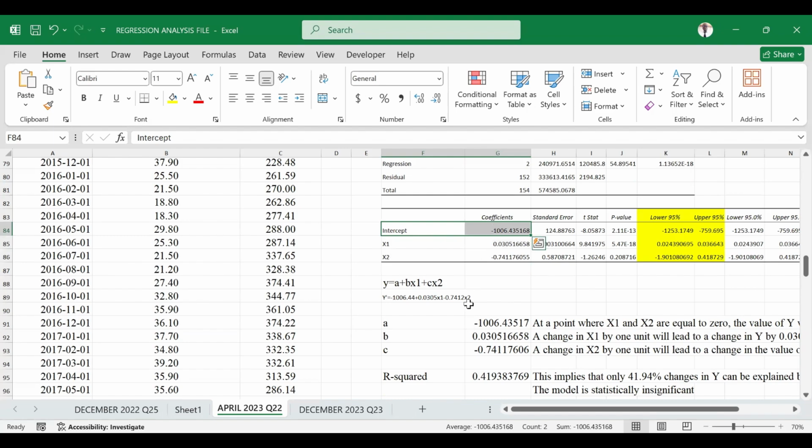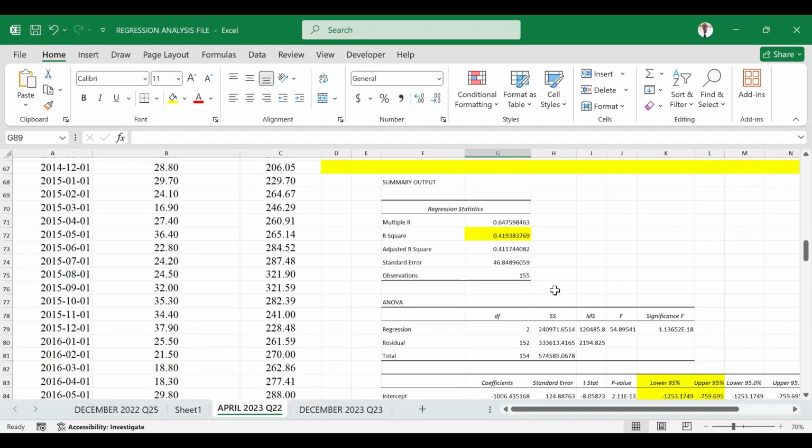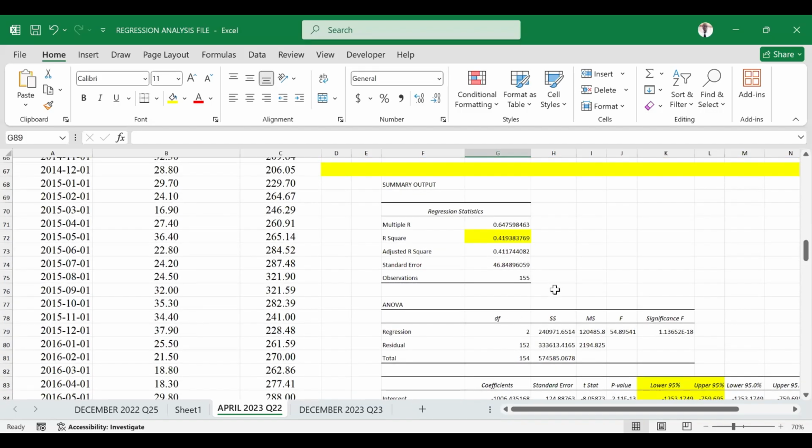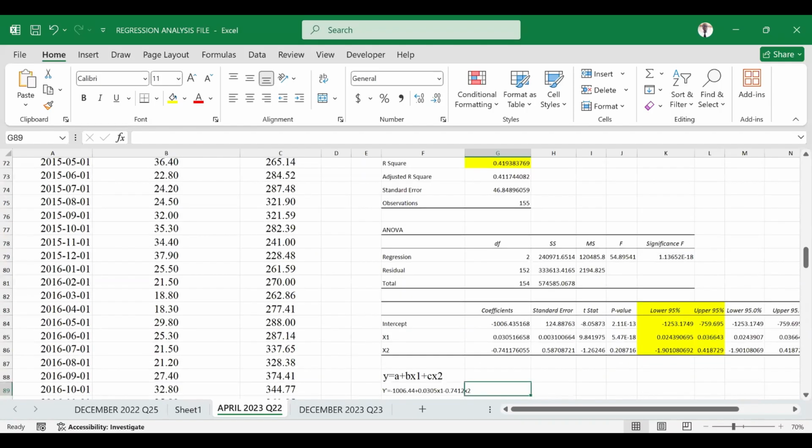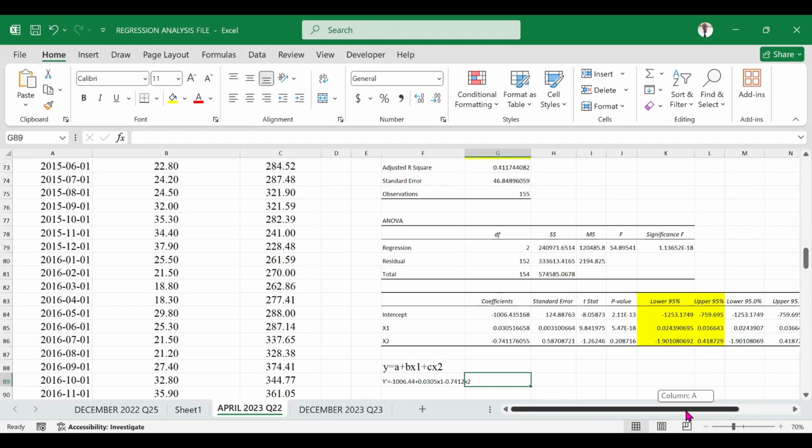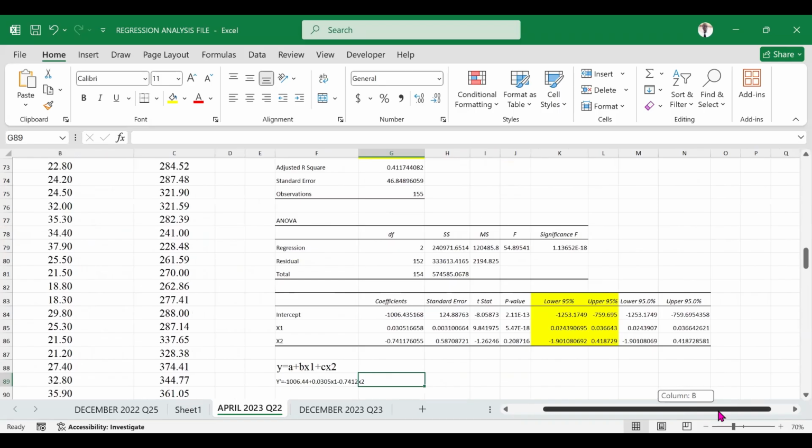So once you understand this output window, you know where to pinpoint your R squared, you're home and dry. And also, you know how to play around with the confidence levels. Like I mentioned to you, the confidence level by default is normally 95%, both lower and upper. That normally represents the worst case and best case scenarios.